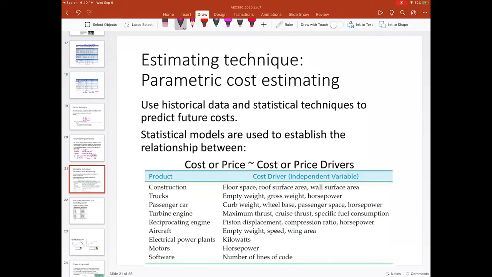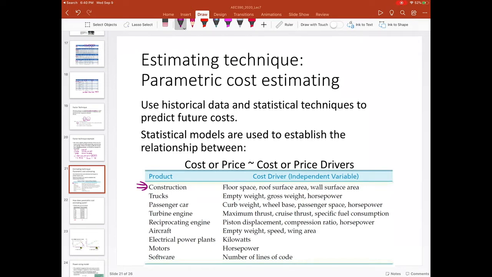Okay. So usually we all know that cost is driven by different drivers, by different reasons. For example, construction cost is driven by how big the construction is, what the floor space is, what type of roof it has, right? What's the area of the roof surface, and what's the area of the wall surface.